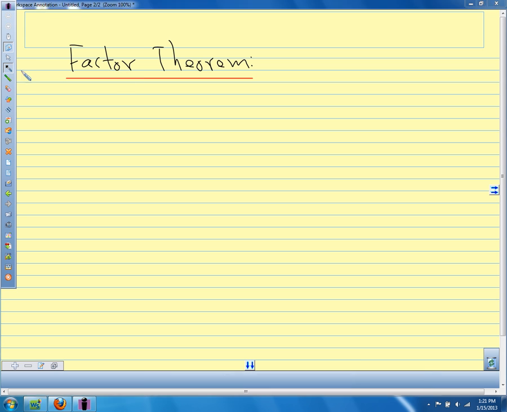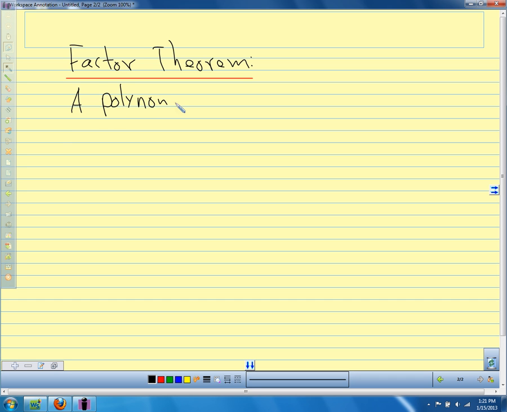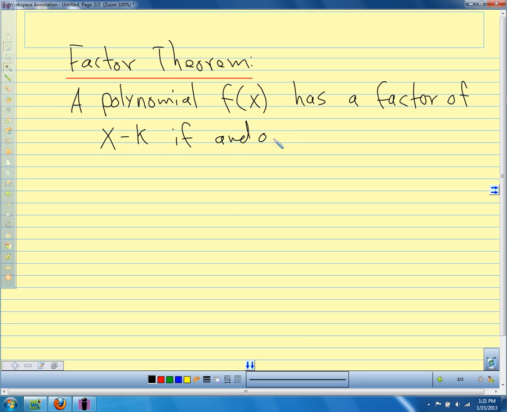The factor theorem tells us that a polynomial, some function f of x, has a factor of x minus k if and only if f of k equals 0.